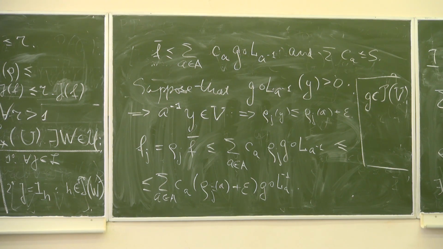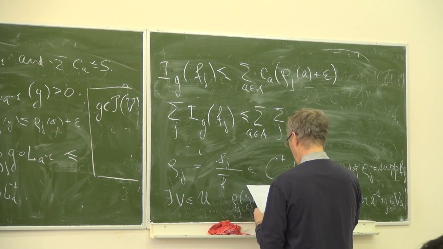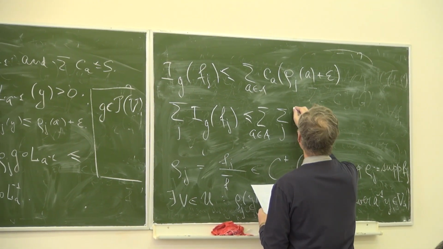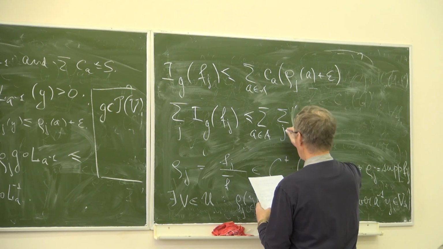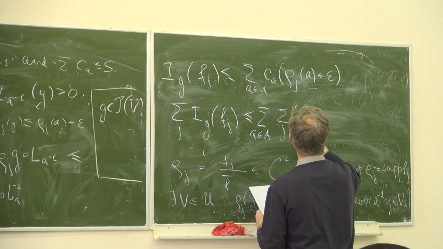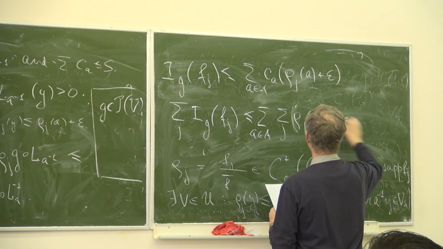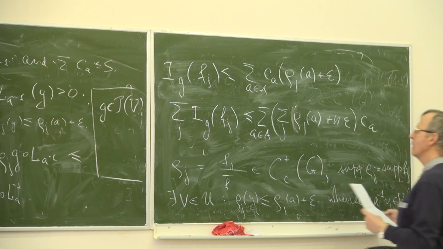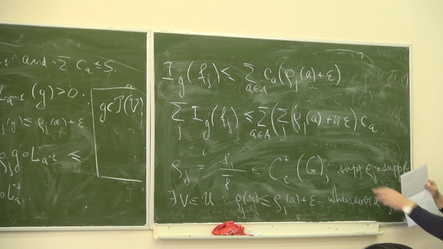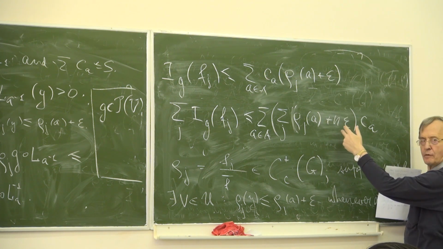So there will be a double sum, and what we shall have here plus like this, yes? Because when we sum over j, here we have epsilon times the number of summands.